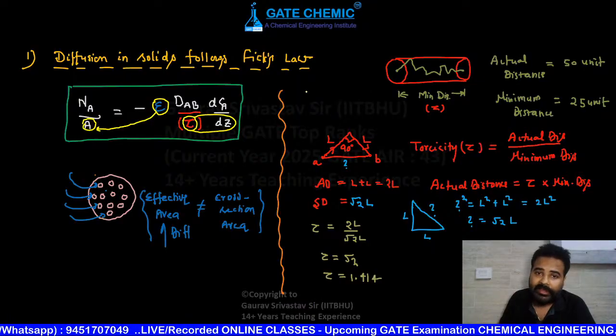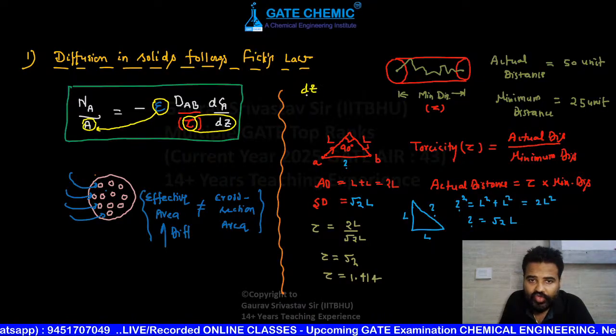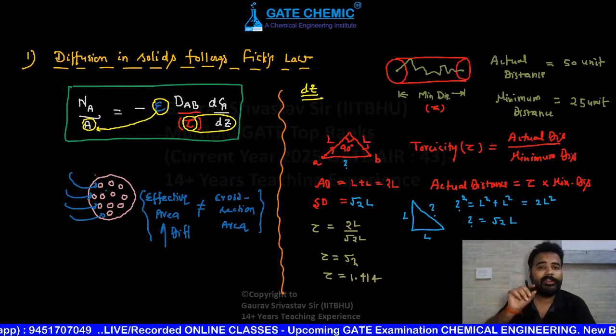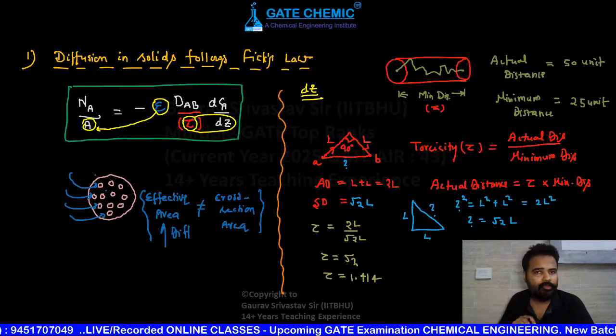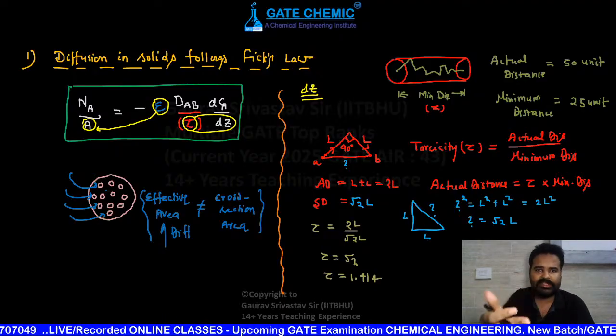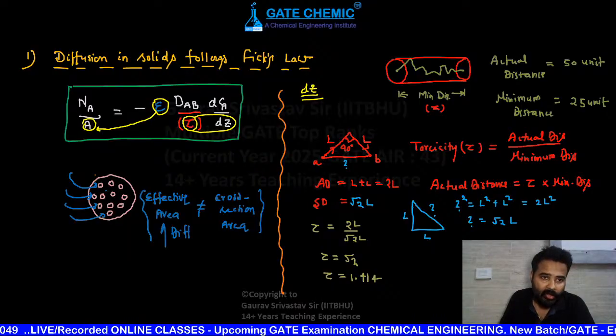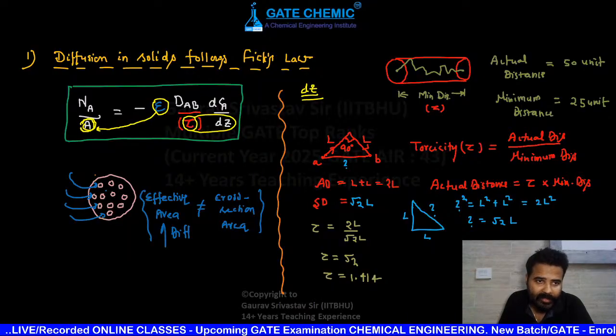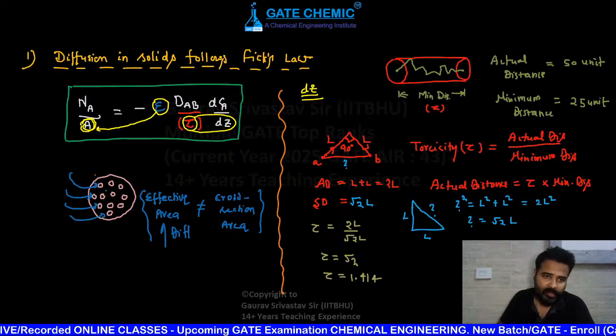In the previous case, dz was the actual distance that was traveled by your particle for diffusion, and the area was the area through which diffusion is happening.